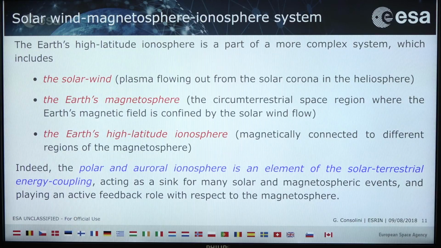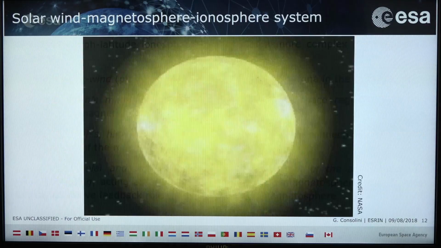In this framework, the polar and auroral ionosphere is an element of the solar-terrestrial energy coupling. So we have to understand that many of the physical processes we observe in this region are related to what happens in the magnetosphere and in the solar wind.